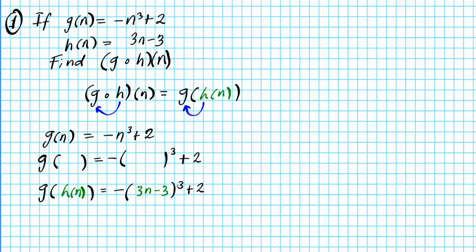Well, we're raising this quantity to the third power, so we're going to have 3 copies of 3n minus 3 being multiplied by one another. So g composed with h of n is negative parentheses 3n minus 3 first, 3n minus 3 second, 3n minus 3 third, plus 2.